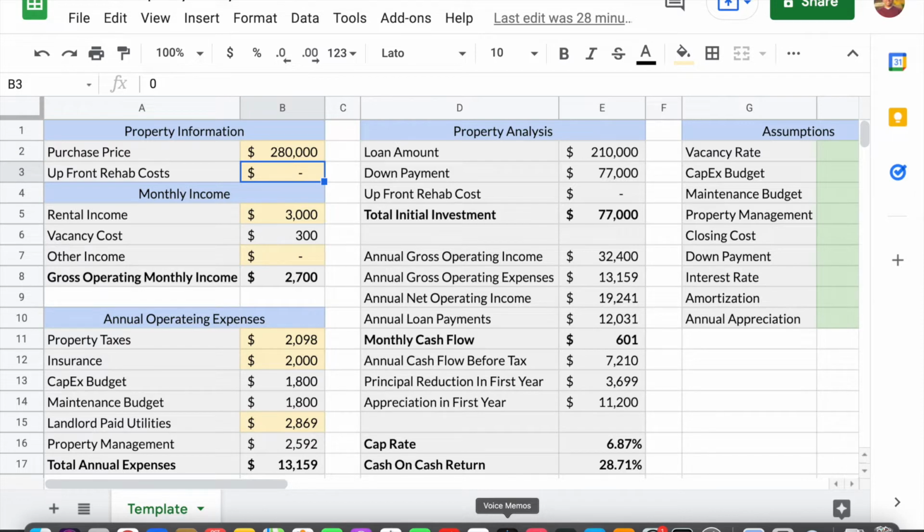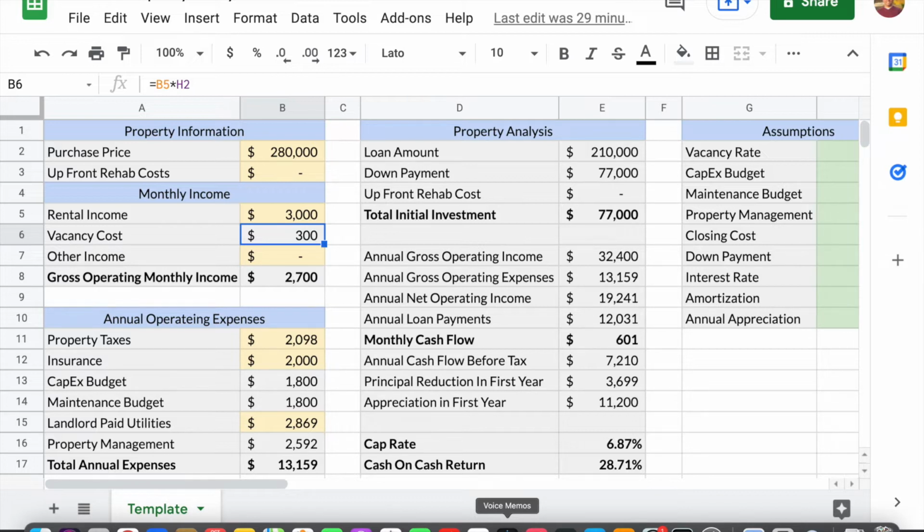The next section calculates the gross income, which is the rental income before taking into account costs. Cell B5 is the monthly income value, in this case $3,000 per month, which is entered manually. Cell B6 is the cost associated with vacancy days, because the property is not going to be rented out 100% of the time.